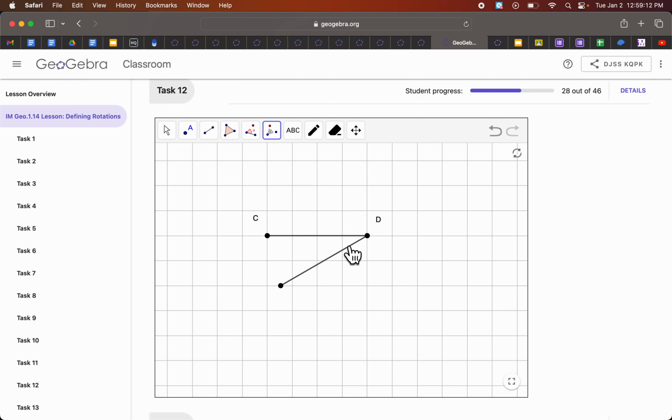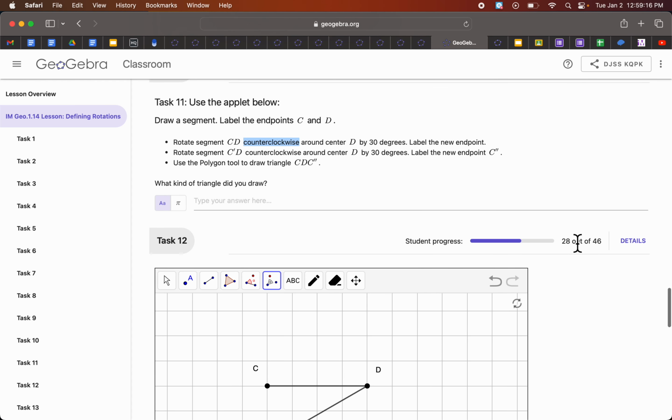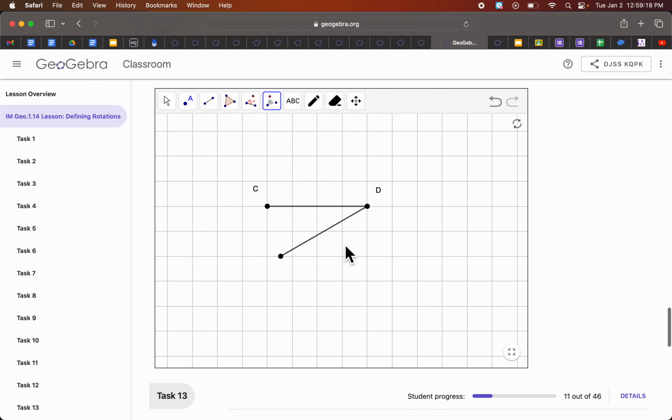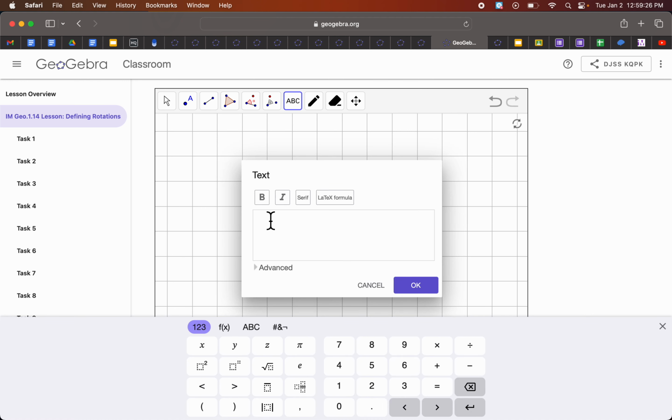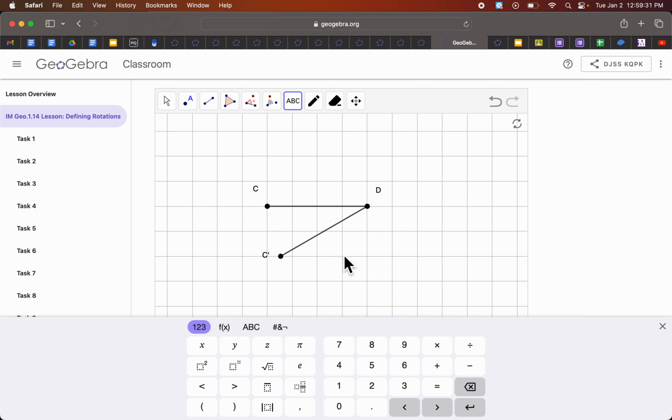Boom. Okay, so now that's that. All right, cool. And then label that new endpoint. Well, what should this be called? This should now be C prime, right? Yeah, C prime, because that's the image of this original one.